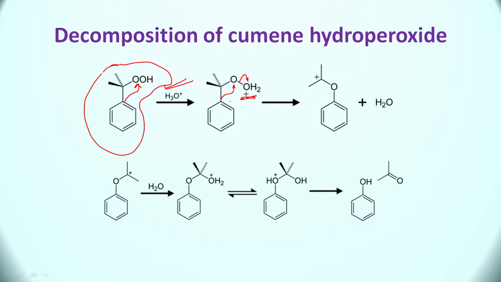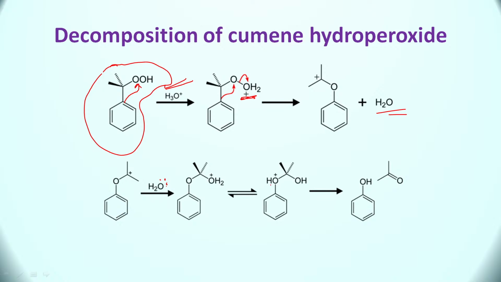So when this phenyl ring attacks the oxygen, the H2O plus group leaves from the oxygen as H2O. Again, you are getting a carbocation, and this carbocation will react with the water molecule which was generated in the previous step, and you will get this one.